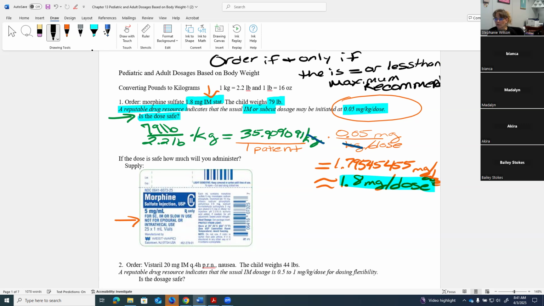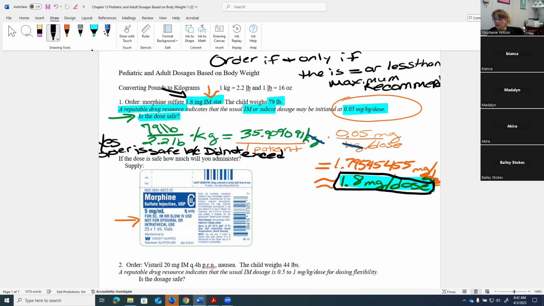What's recommended for this patient is 1.8 milligrams per dose, and the order is 1.8 milligrams. So yes, the order is safe because it did not exceed the max.